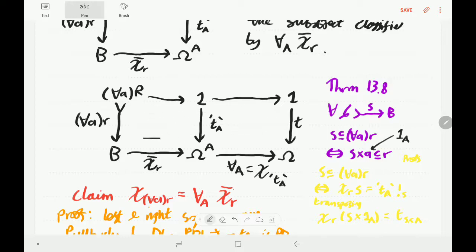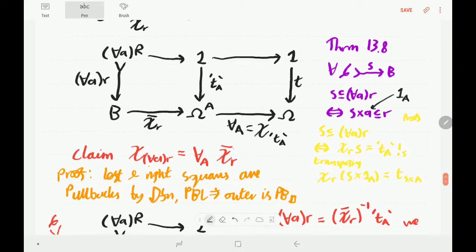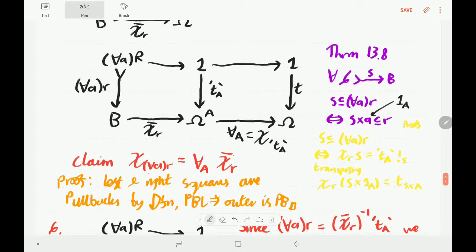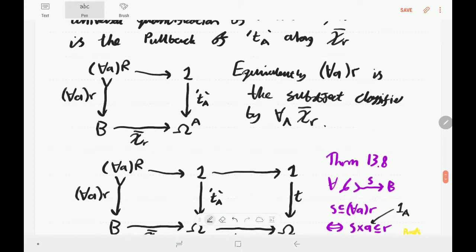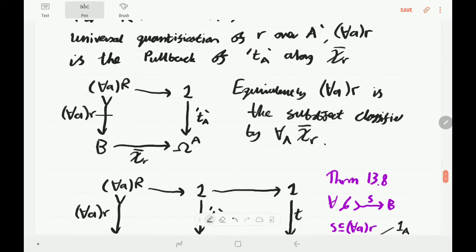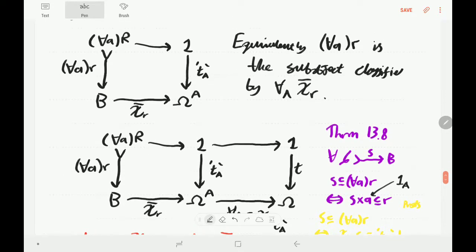And so we'll have that the left square is a pullback if and only if the whole thing is a pullback. So, for example, if we assume that the left square is a pullback, in other words, if we assume this kind of definition of for all AR, then we get that the whole thing is a pullback.